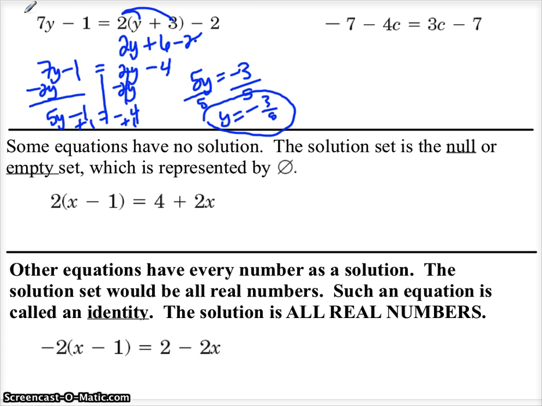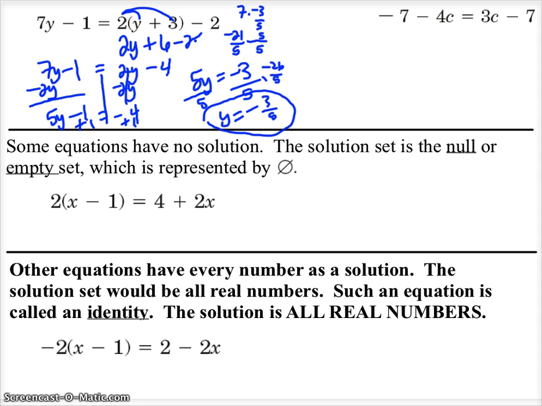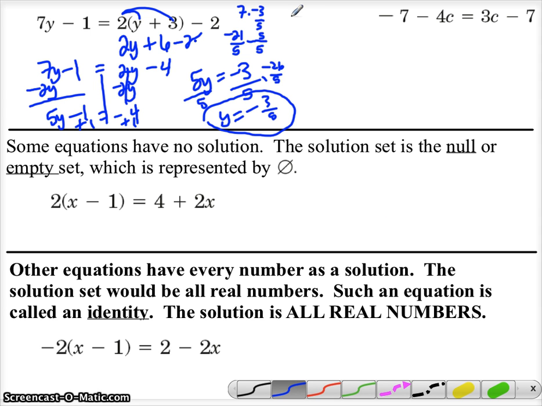So, we have 7 times negative 3/5 is negative 21 over 5, minus 1, so it's going to be basically minus 5 over 5. So that gives you negative 26 over 5. That was on the left. And on the right, we have 2 times negative 3/5 plus 3.